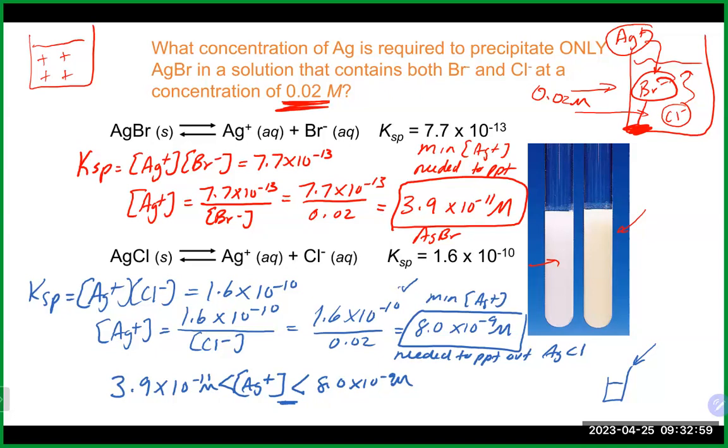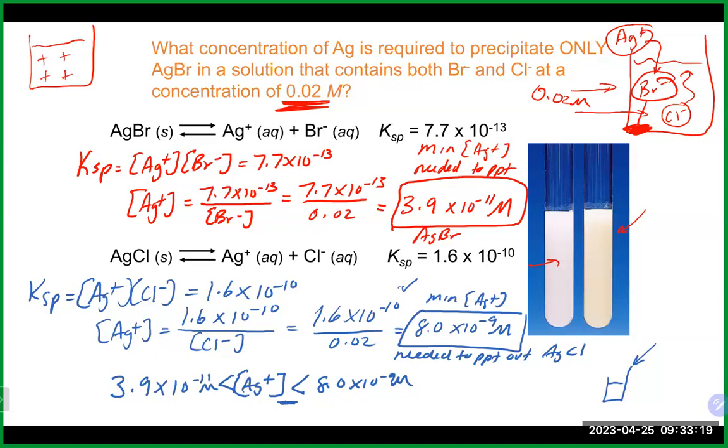So you can use, obviously, as we can see here, KSP to selectively precipitate out ions. Before we move off of this slide, why did they pick, by the way, this silver bromide to come out first? Is that what we would expect to happen if we look at the KSP values? And can we look at the KSP values here to determine which one is more soluble?